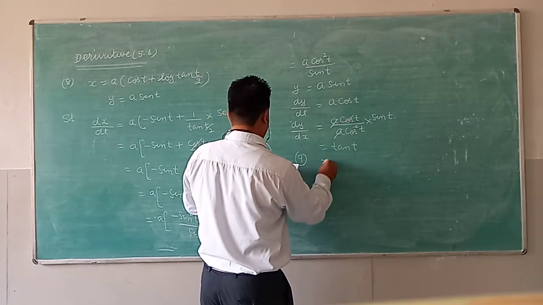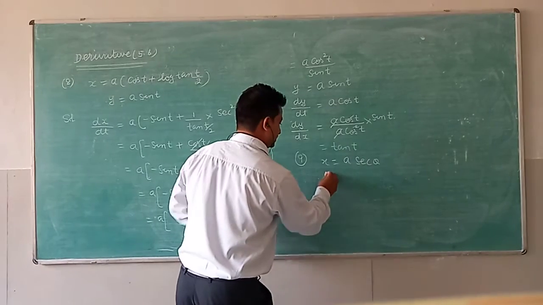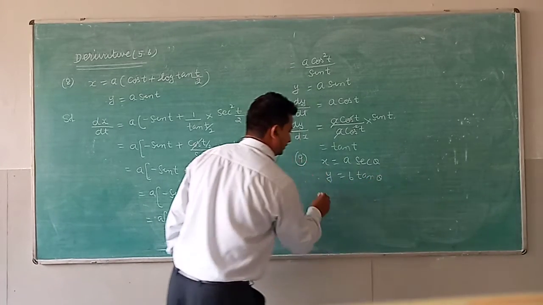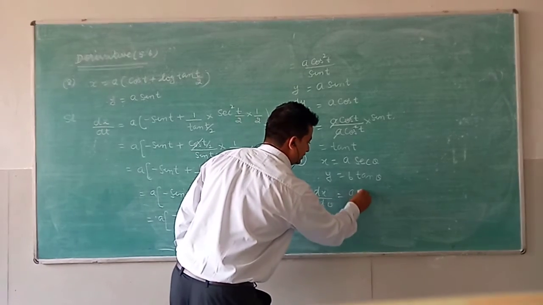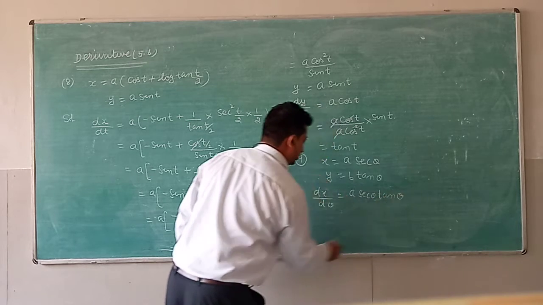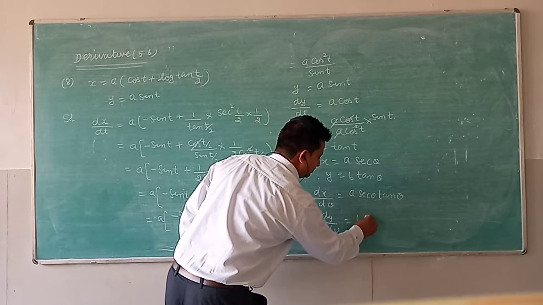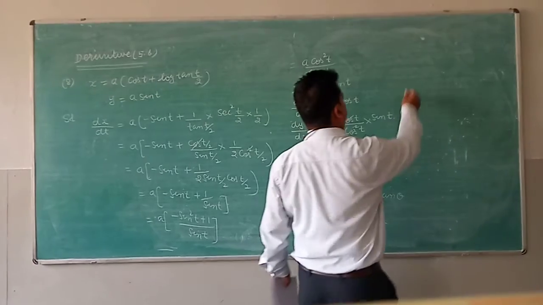In question number 9, the statement is x is equal to a secant theta, y is equal to b tan theta. dx upon d theta is a secant theta into tan theta. This is the derivative of secant theta, and dy upon d theta is b secant square theta, the derivative of tan theta.